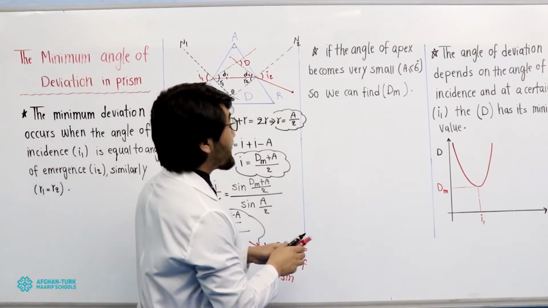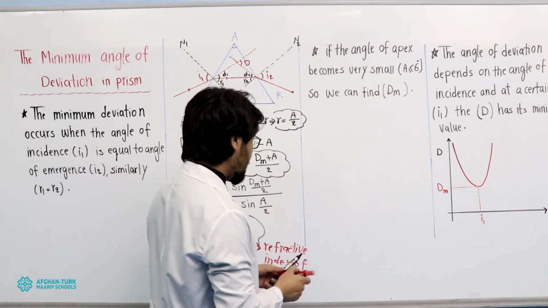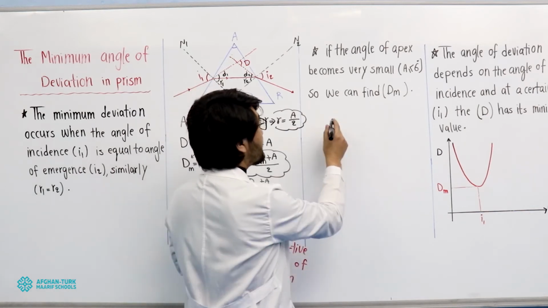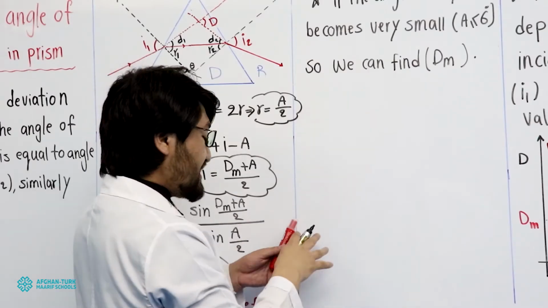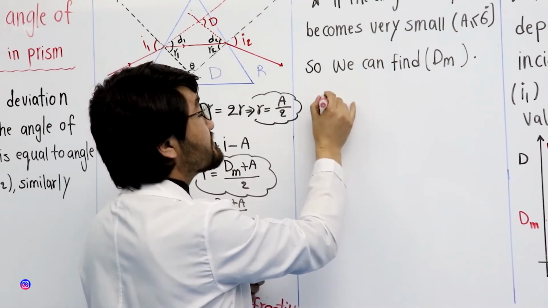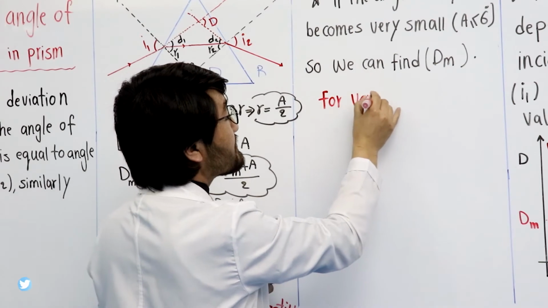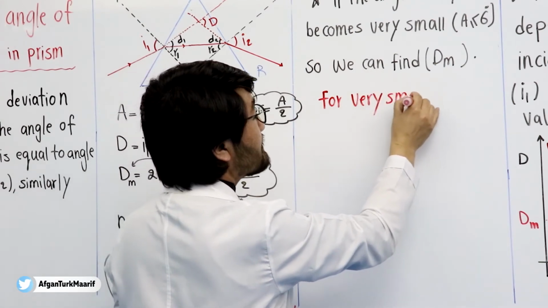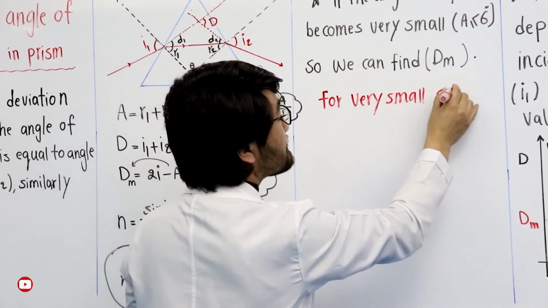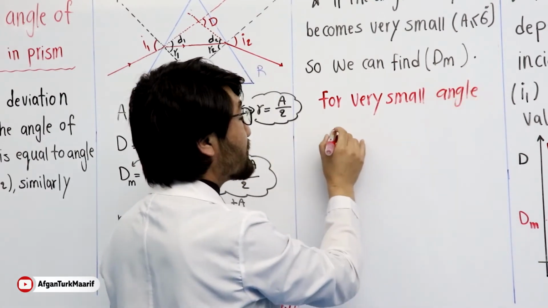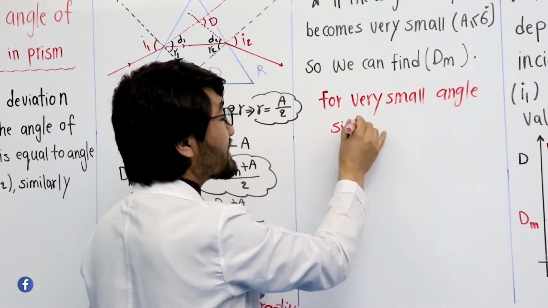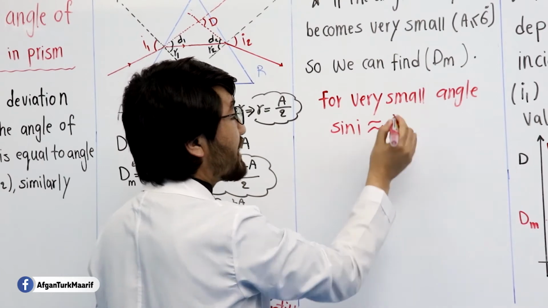For a very small angle, we can write sine I is equal to I.